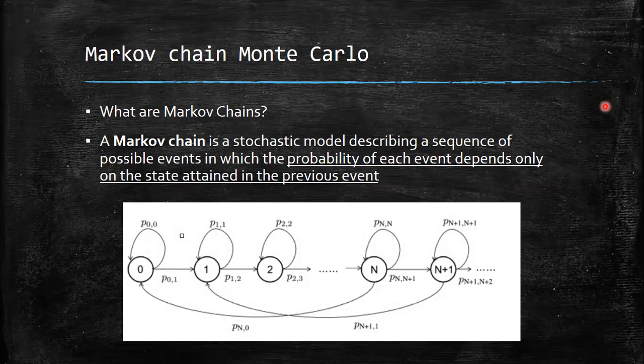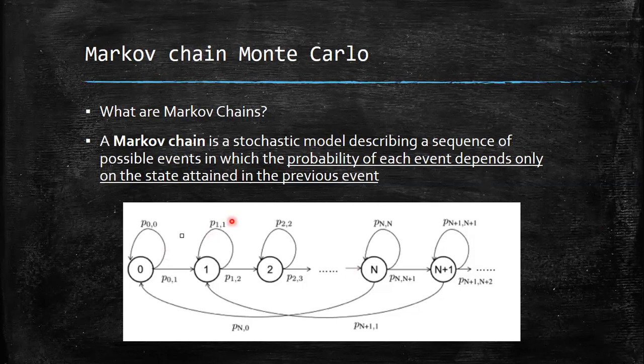So what are Markov chains? The definition is: a Markov chain is a stochastic model describing a sequence of possible events in which the probability of each event depends only on the state of the previous event. Let's break it down into smaller chunks. The Markov chain was proposed by a Russian mathematician called Andrei Markov, and he explains the probability of getting from one state to the other by using a state diagram.